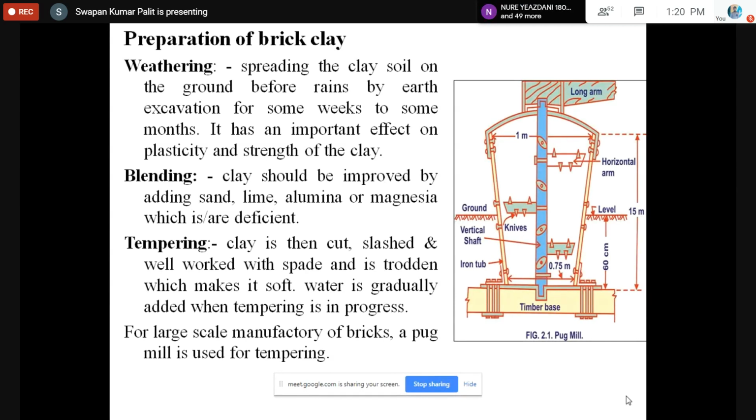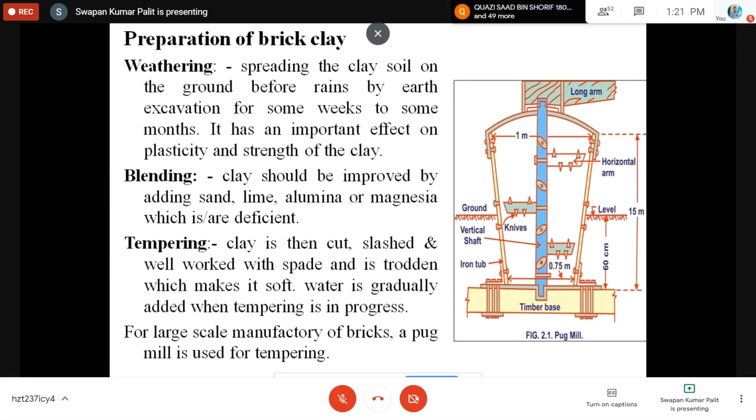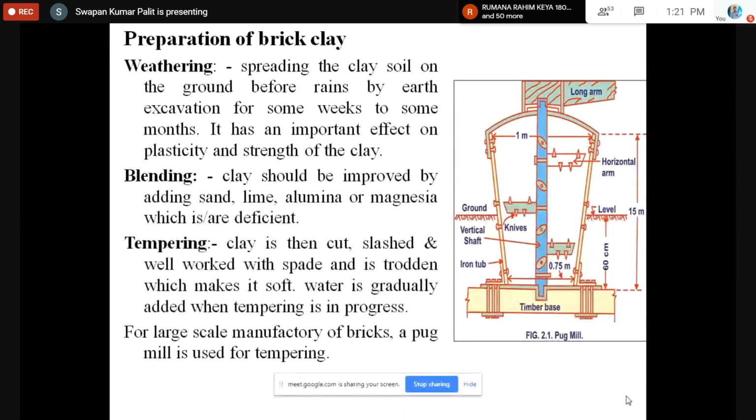So deficient material means some component may be less in amount. So this should be added there. Like sand may be less. We need sand how much percentage? About 55%.